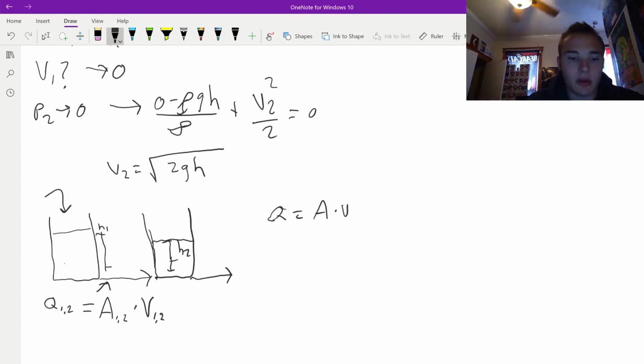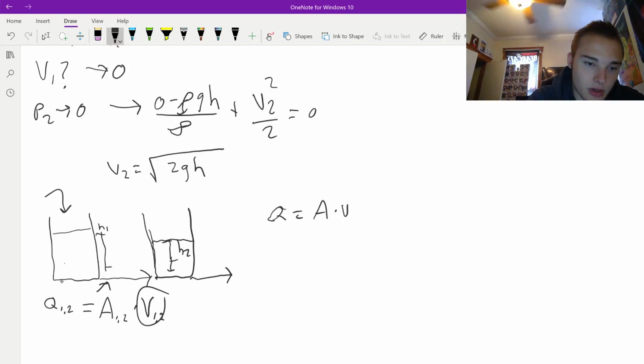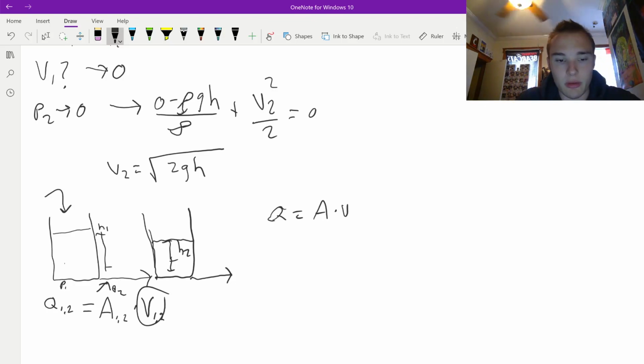But basically what we don't know is this velocity. How can we find that out? Well, if you look at it, we have an initial pressure right here at the beginning of the tank, and we have an initial pressure which is going to be leaving the tank, P2. So what is the driving force that will calculate the velocity?